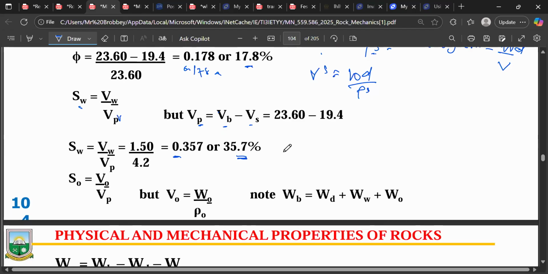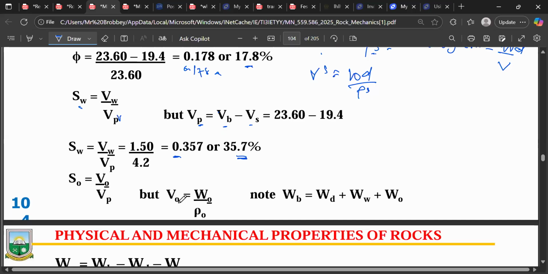All right. Now we want to find the degree of saturation for the oil. As with water, the volume of water contained in the soil over the total void or VV, the same would apply to the oil. So oil VO over VP.